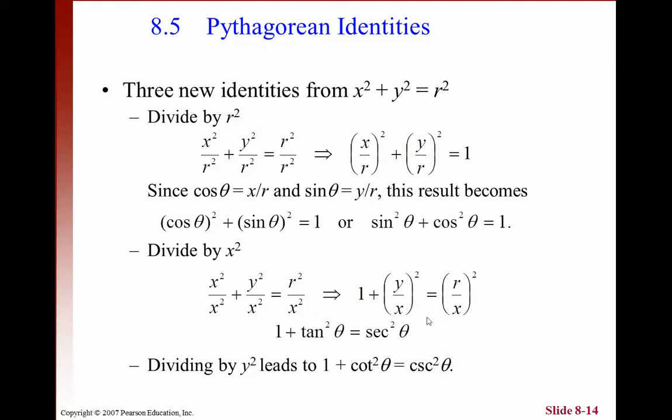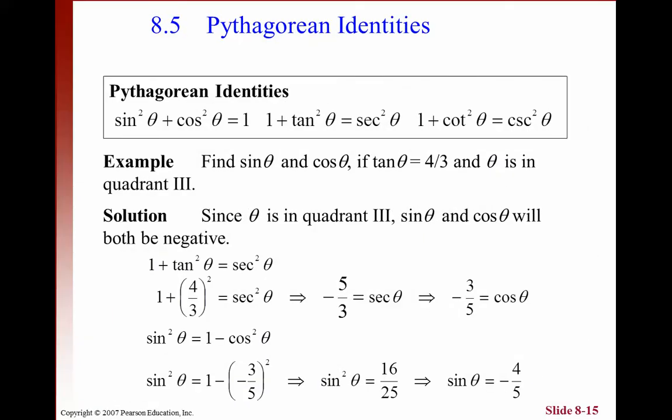In this case, we divide by x. We get y over x is the tangent, r over x is the secant, so we get this identity. And if we divide by y, we get this cotangent and cosecant identity. So they're called the Pythagorean identities. They're all up here at the top. And you have some problems where you need to use these to figure out what's going on.